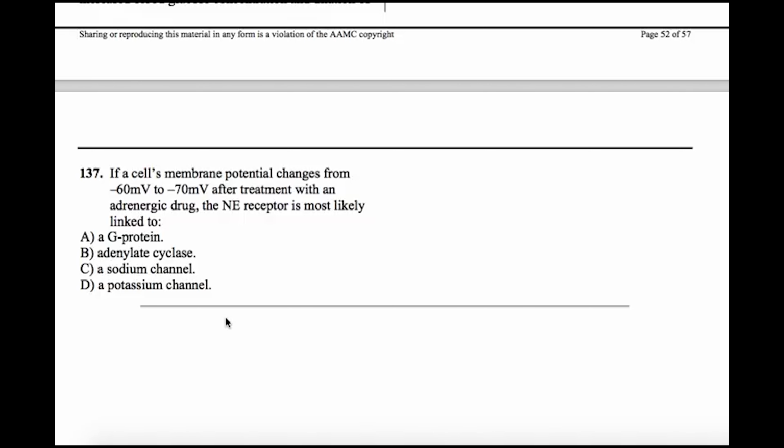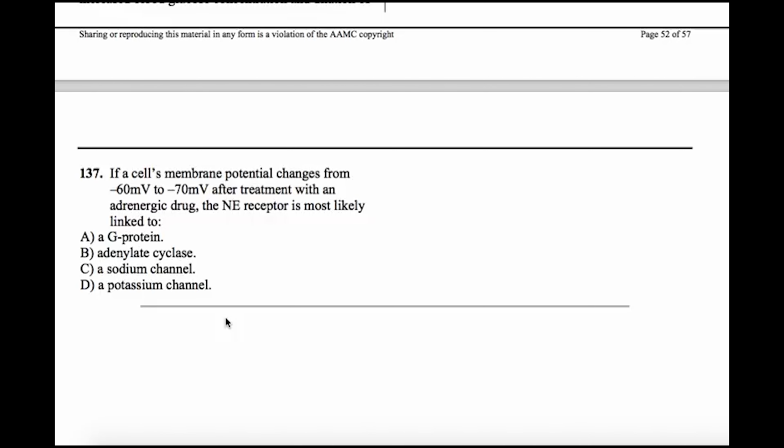What happens generally when a sodium channel opens? You get depolarization, right? That's the beginning of the action potential. That's because the driving force on sodium is going into the cell. So if you have movement of positive ions into the cell, you're going to get depolarization. So it's not C.